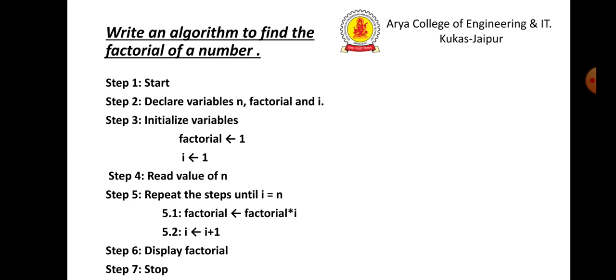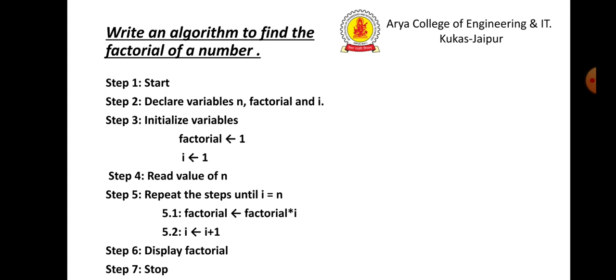Here is an algorithm to find the factorial of a number. Through this program we learn how looping executes in an algorithm. Step 1 start. Step 2 declaration of the variables. Step 3 initialize the variables: factorial is equal to 1 and i is equal to 1. Step 4 read value of n.